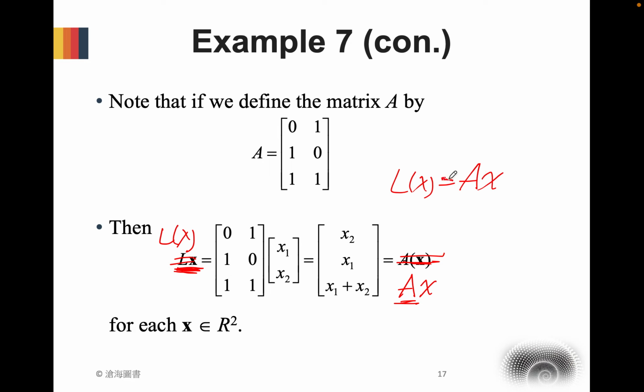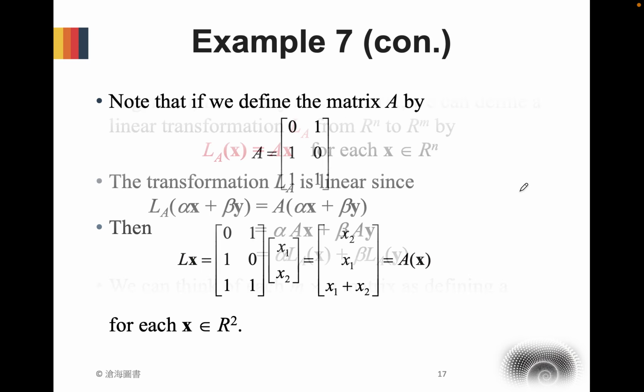The mapping can be implemented as matrix multiplication. So this is our old friend, right? We have seen A times x all the time in previous 3 chapters.